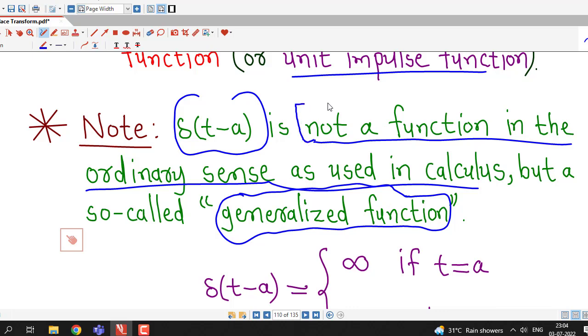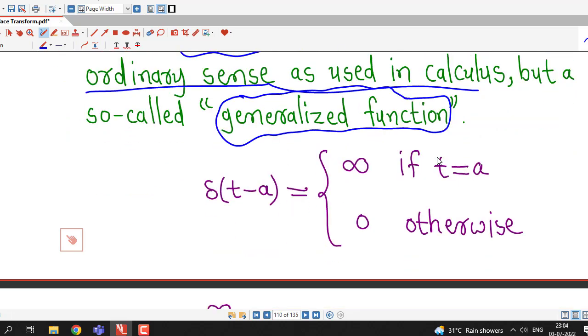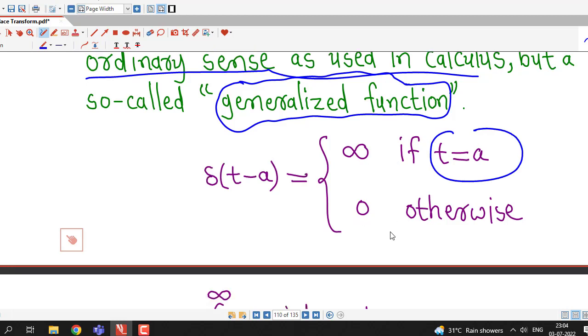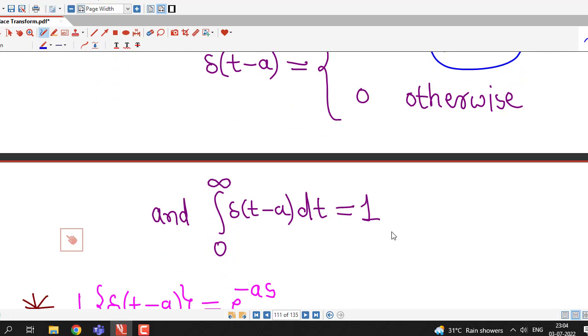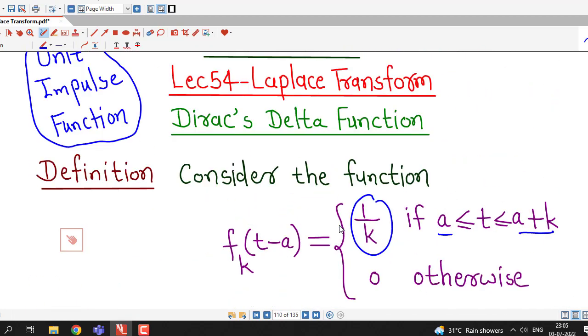It is not behaving like a function which we consider in calculus, and we can write in this way also: delta(t minus a) equal to infinity at only one point a and 0 otherwise. And if we consider the integral of delta function from 0 to infinity, then it is always 1. That we can understand using this definition.